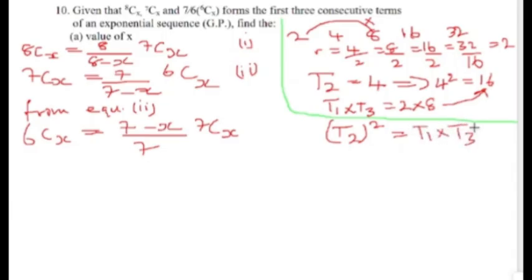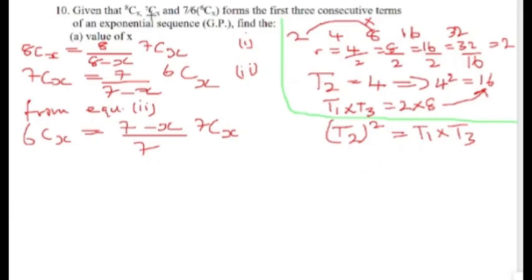This result is obtainable for any of these. I can say, okay, 8 squared is the same thing as 4 times 16, which is true. 8 squared is 64. 4 times 16 is 64 also. So basically, I'm going to use this expression.